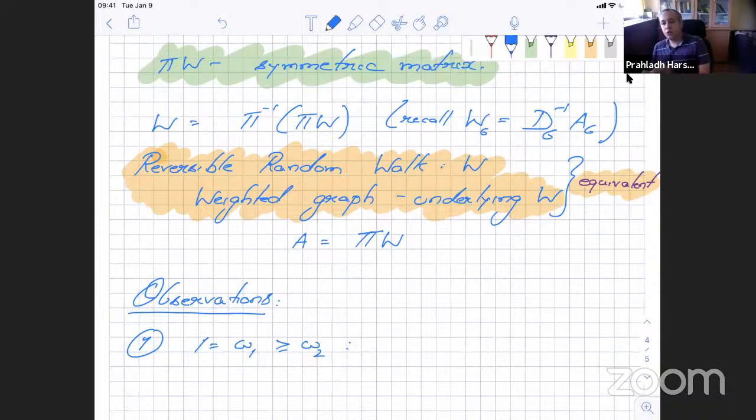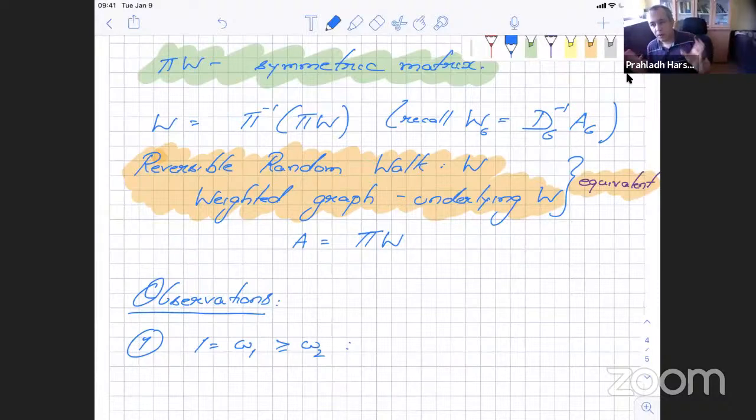Suppose the graph, the underlying random walk, has 2 components. We're working with just reversible walks, so it's an undirected graph, and we can talk about the components of this graph, because of the equivalence we mentioned above. The underlying graph can have 1 component, 2 components, or several components.